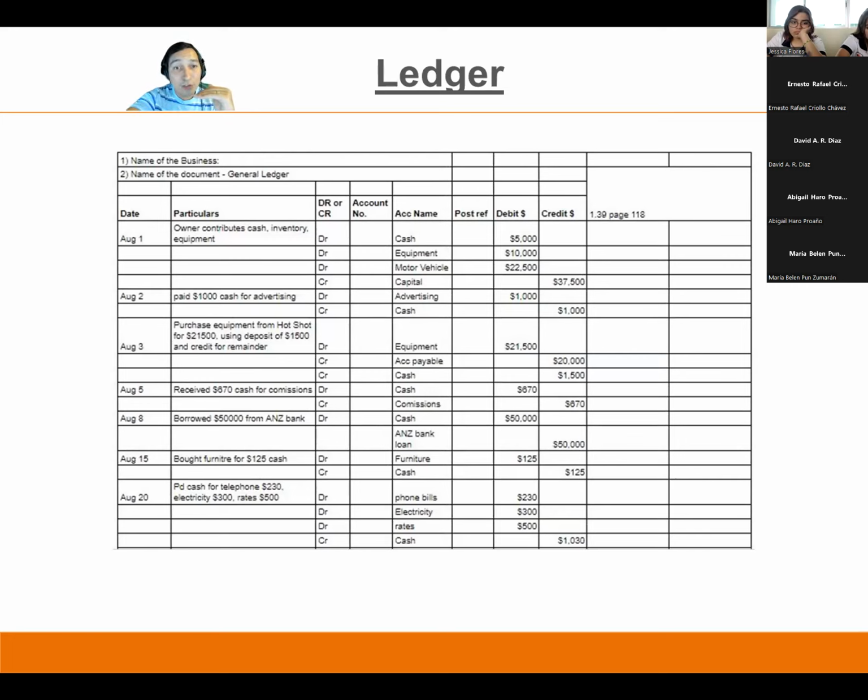Whenever you receive money in the bank, that's an accountancy record. Whenever you pay something outside the bank to anybody, that generates an accounting transaction, okay? That's why the basis to create an accountancy ledger is the bank statement.